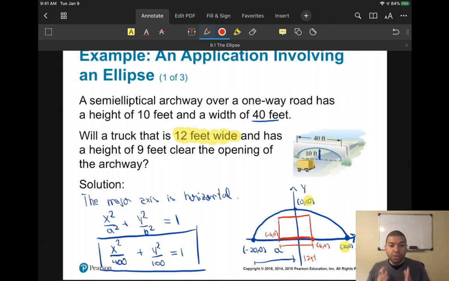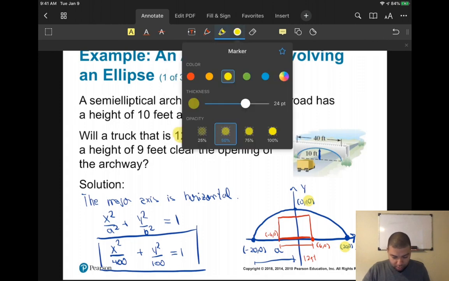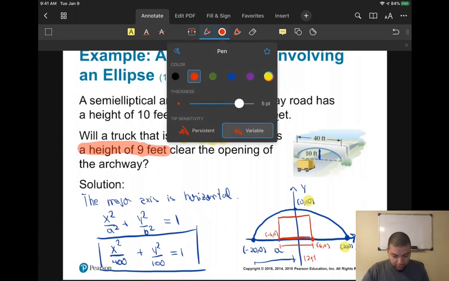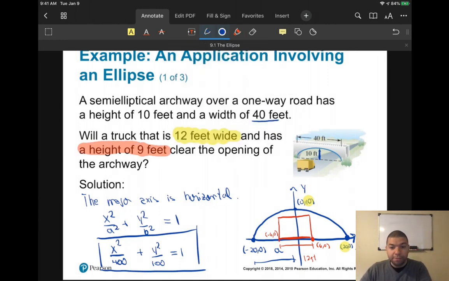Okay, so my question now is: is this height at x equals 6 larger or smaller than the height of the truck, which is 9 feet? Think about it for a second. When x equals 6, is the height of my truck larger or smaller than the height of my archway?